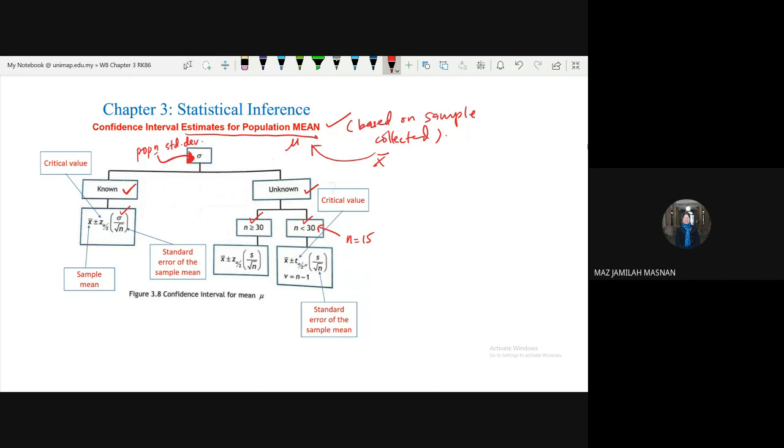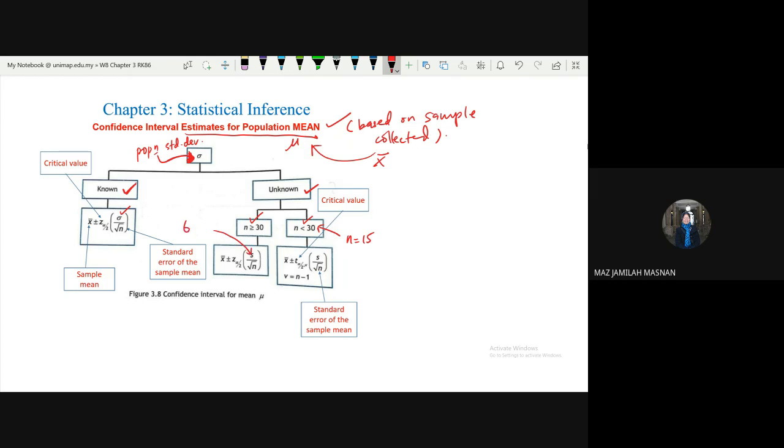So this option will give you a way to find the confidence interval for your experiment. So please look at the condition of your sigma, whether it is known or unknown. And if your sigma is unknown, check whether your n is greater than 30 or less than 30.